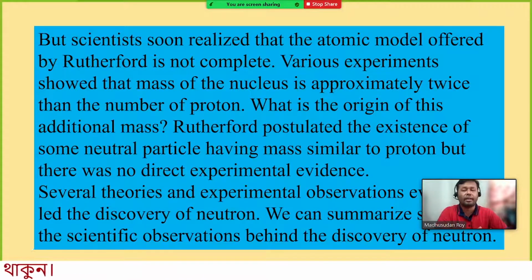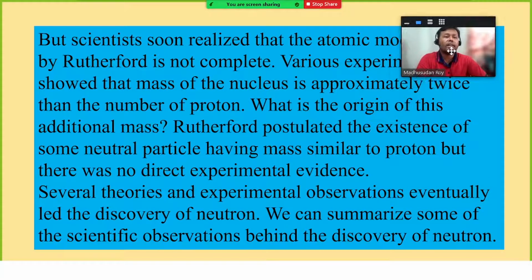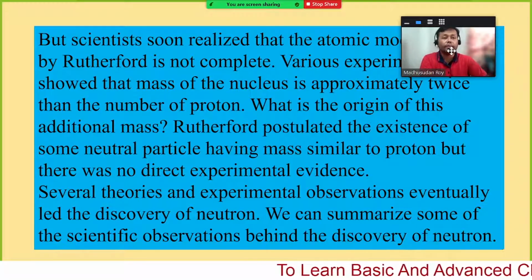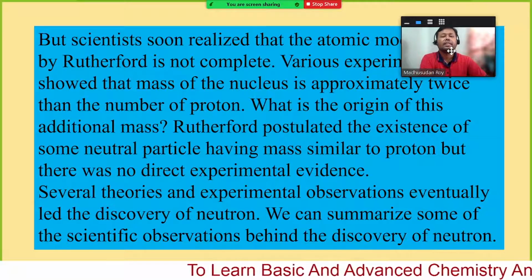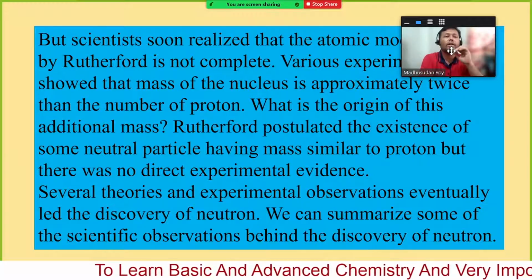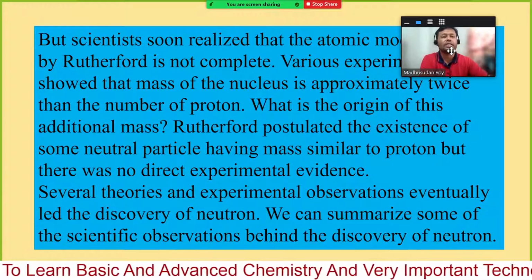Rutherford postulated the existence of some neutral particle having mass similar to a proton, but there was no direct experimental evidence. He mentioned that something neutral is inside, but he could not give proper evidence of what this neutral particle is.